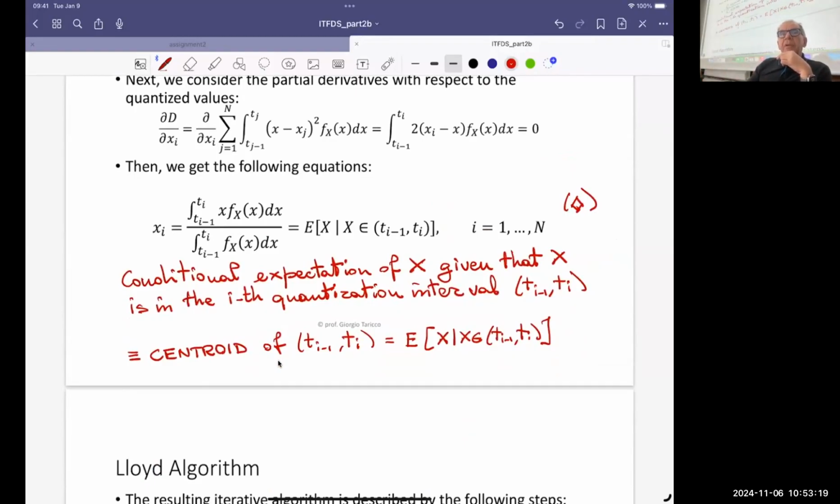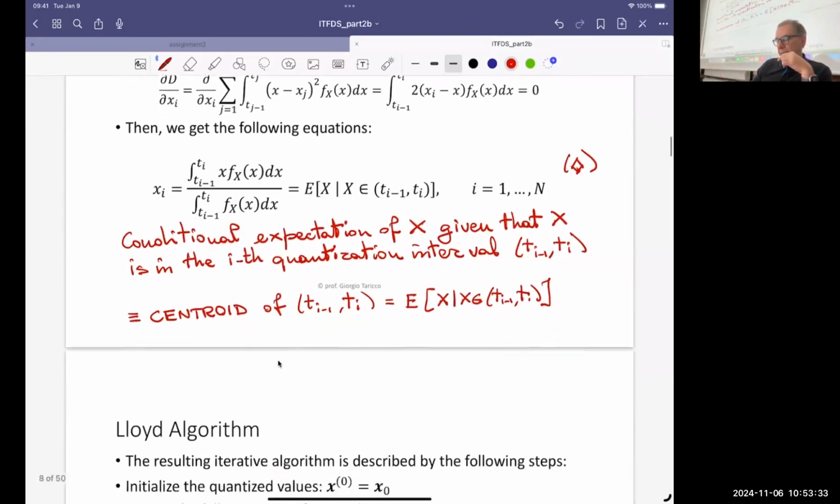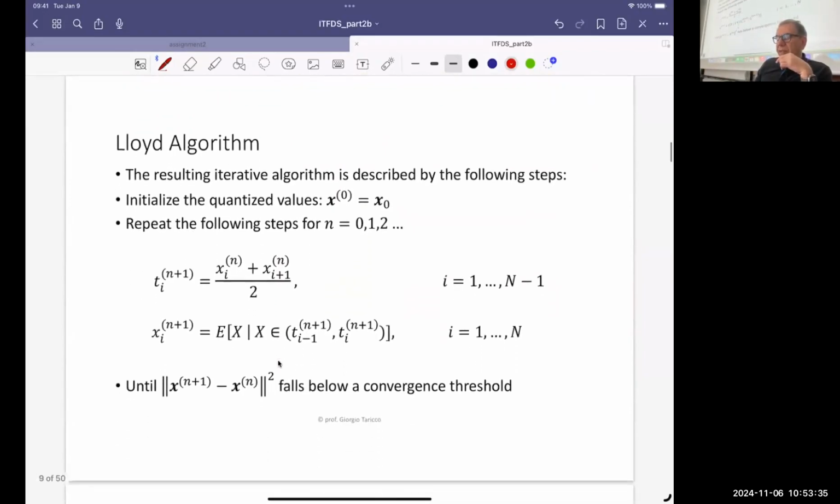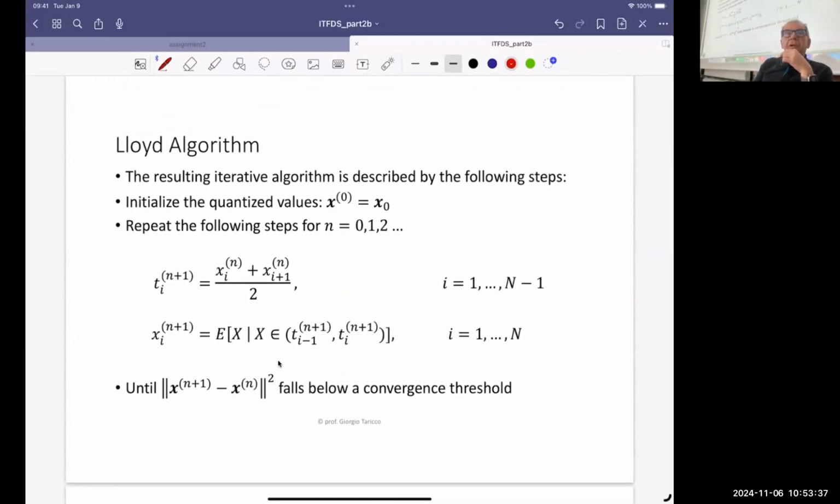And for this reason, we can implement an iterative algorithm, because we start with the thresholds, then we get the quantization points, and then we obtain again the thresholds and the quantization points and so on. And this is just the description of the iterative algorithm, the Lloyd algorithm.